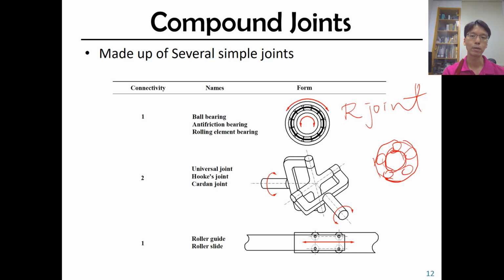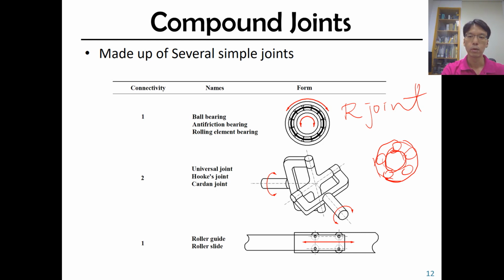But remember the R joint we introduced previously, they contact in surface. But this is not good, because if these 2 components contact in surface, it's going to generate a lot of friction. So it's not going to rotate smoothly.